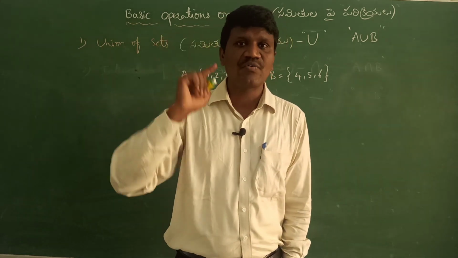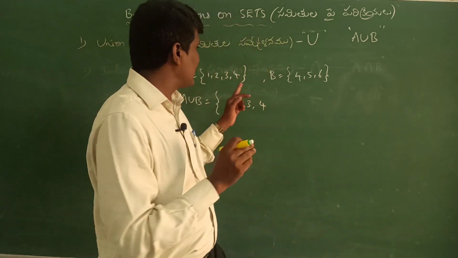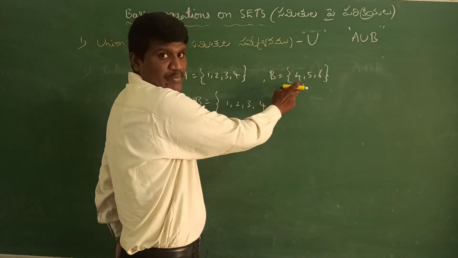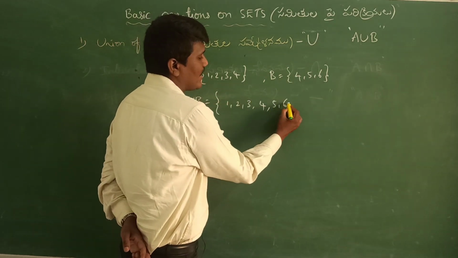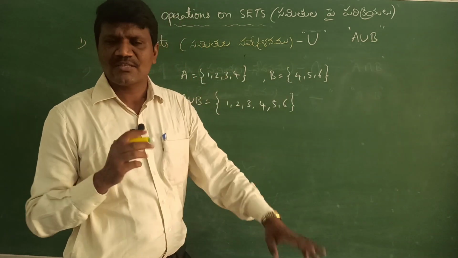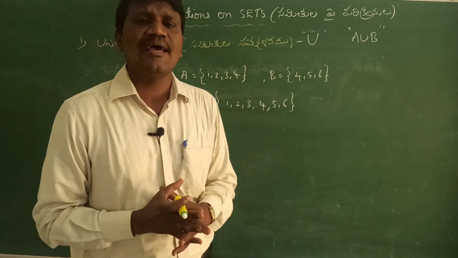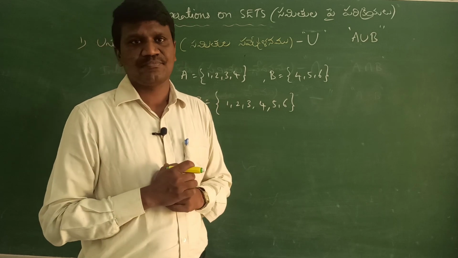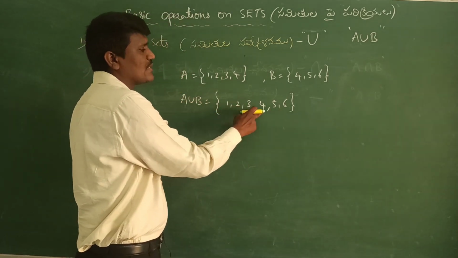While doing the roster form we learned that no element should be repeated. So 4 is there in B, but we need not write 4. Only write 5 and 6. A union B is very simple, just writing the elements of both A and B. So A union B is equal to 1, 2, 3, 4, 5, 6.